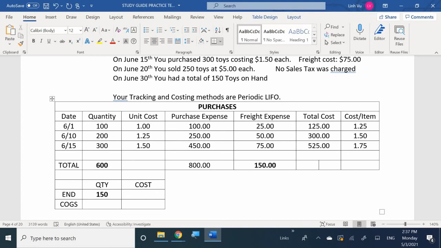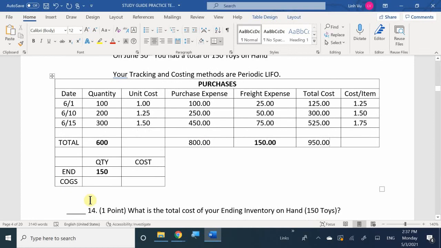And lastly, what's my total cost? 950. Okay, so if I have 150 left, how many did I sell? 450, yes, because my total is 600.